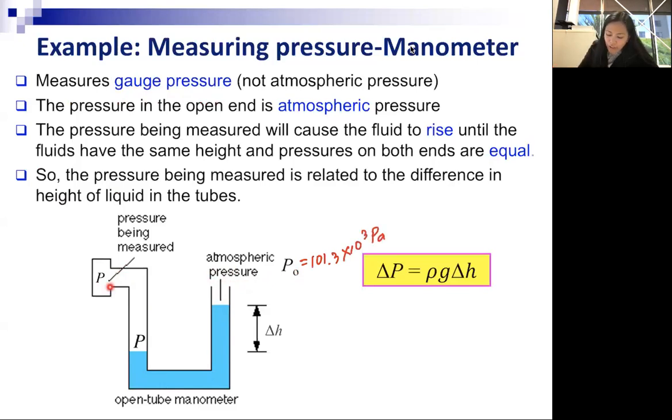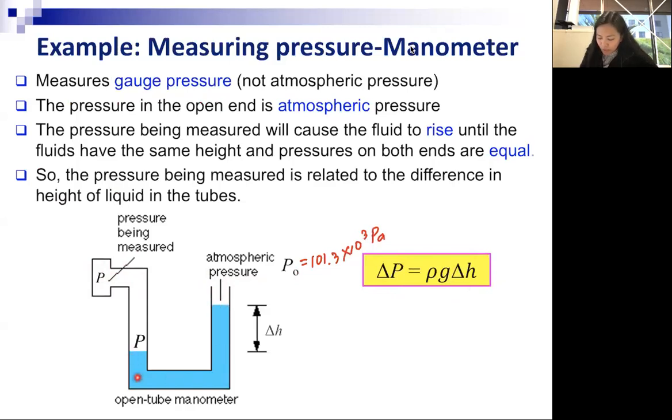And then the other end is closed, and so the other end measures the pressure that we want to find out, for example, the pressure of the blood, blood pressure. And it compares the pressures between these two ends. Similar to the barometer, the difference in the pressure gives rise to the difference in the height of the liquids inside the tube.